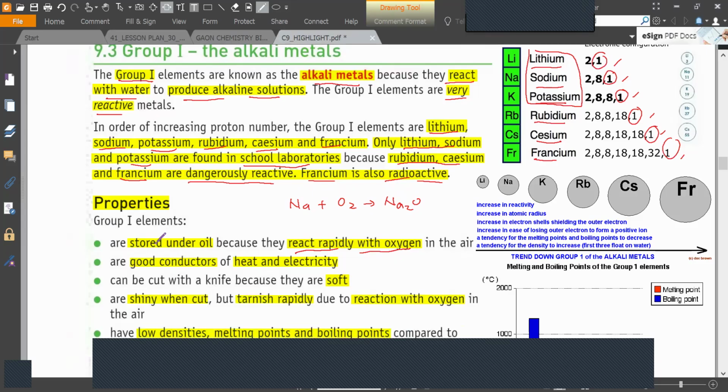So they are usually stored under oil to prevent contact with oxygen. They are good conductors of heat and electricity because they are metals. They are soft and can be cut with a knife. They are shiny when cut but tarnish rapidly because of the reaction with oxygen.